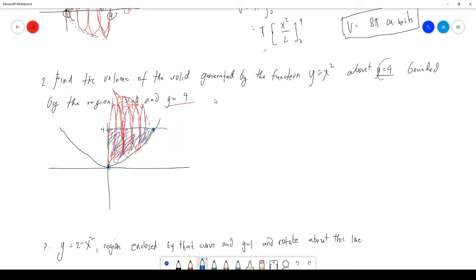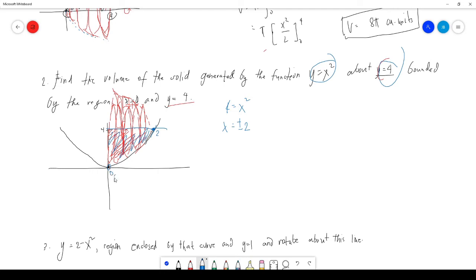We know that to find the point of intersection, we equate both sides. So 4 is equal to x squared. So we equate y is equal to 4 and this one. So that's 4 is equal to x squared. Therefore, x would be positive and negative 2.